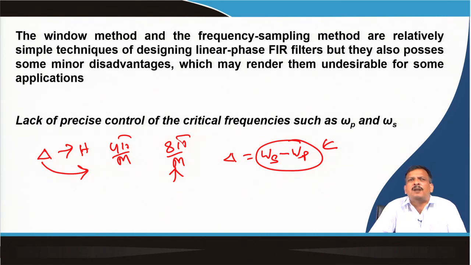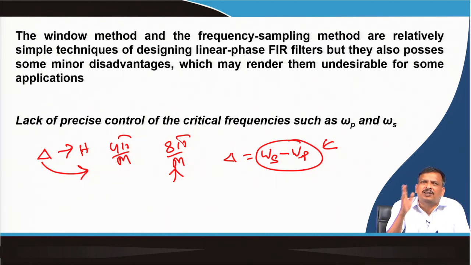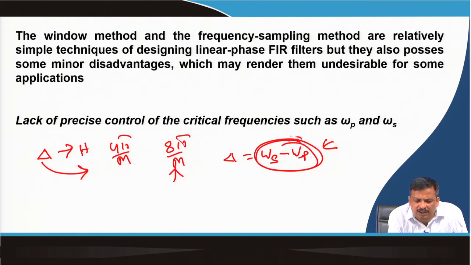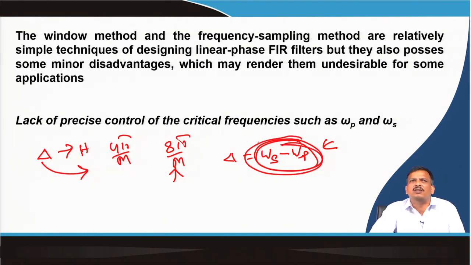Similarly, in the frequency sampling method, I have sampled the frequency response, whether type 1 or type 2, and in both cases the design may not match the desired frequency response, as there is no control over the transition bandwidth. That is the main drawback in the design of FIR filters using window methods and frequency sampling methods.